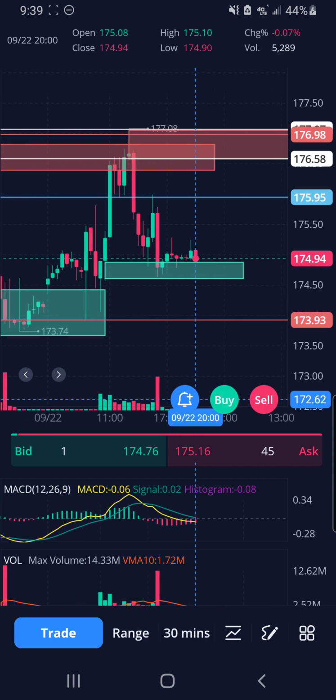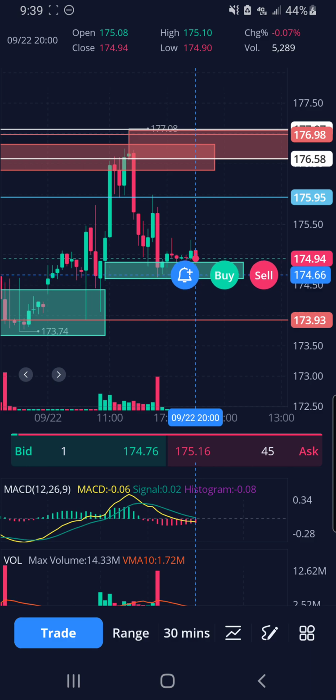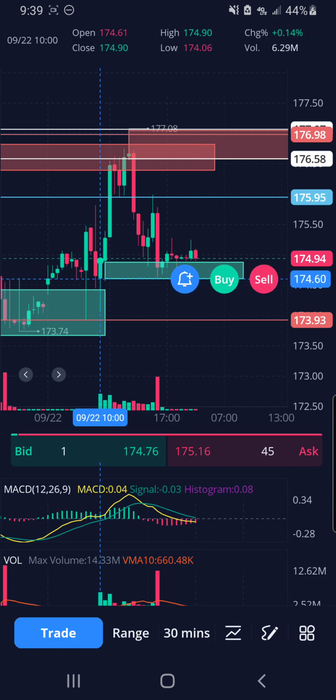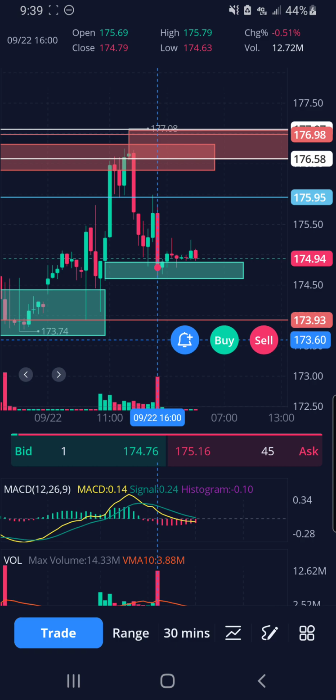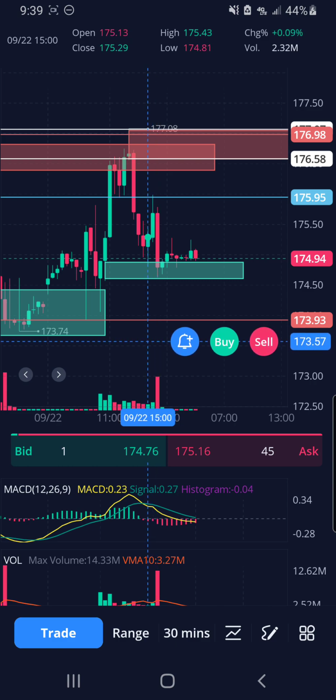where the prices are. So the low was, let me get my finger out of the way, like 174.60, the bottom of the zone. The bottom of this candle was 174.63. So buyers came in at that range.